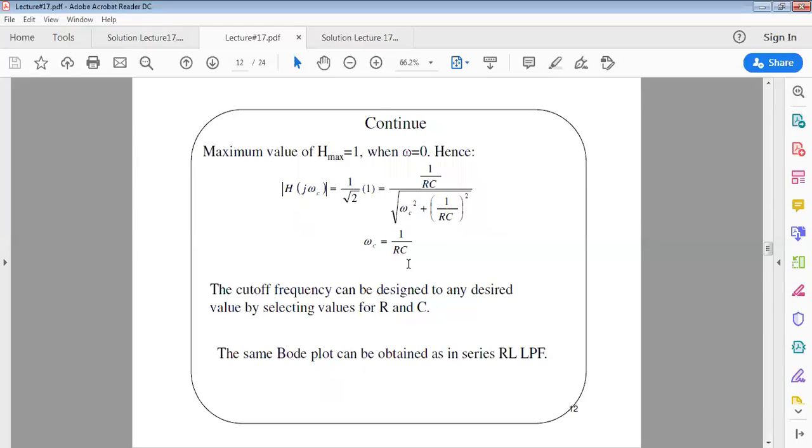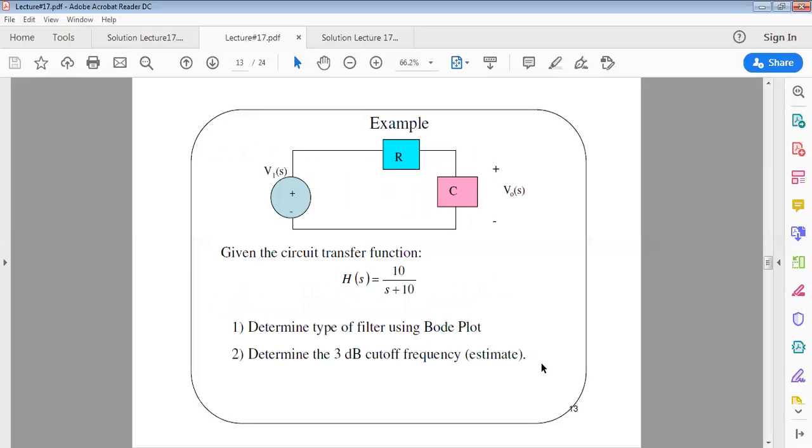So based on this equation of the cutoff frequency, again, we can design the filters according to our required cutoff frequencies, according to specification. I simply change the value of R and the capacitance value. The Bode plot can be obtained similarly to the series RL circuit, so we don't proceed with that.